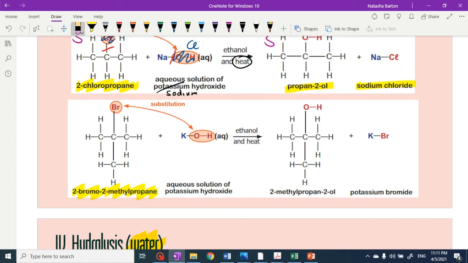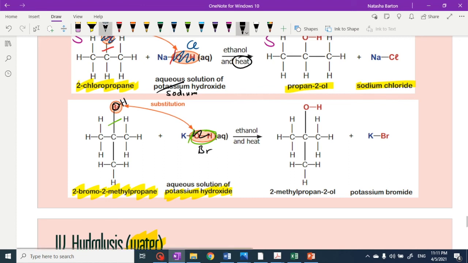So this is going to react with potassium hydroxide, where our potassium hydroxide is going to be dilute and it's a strong base. Our bromine atom is going to detach and it's going to change places with the hydroxide ion, so that here we have an OH bonding instead, and here we have bromine.